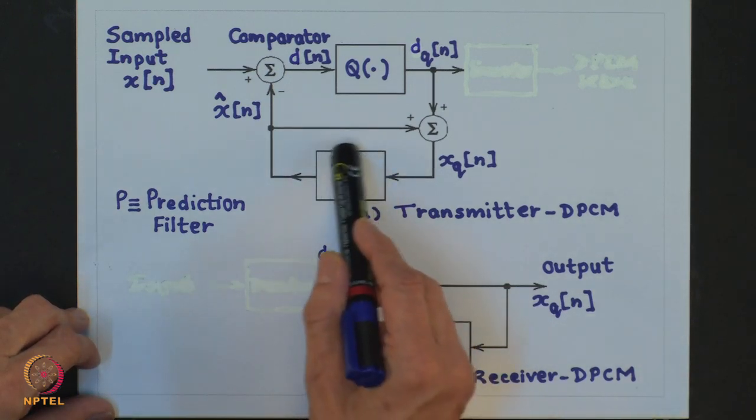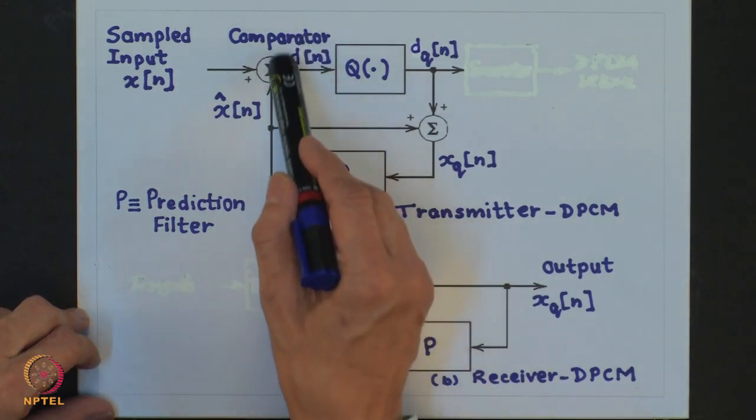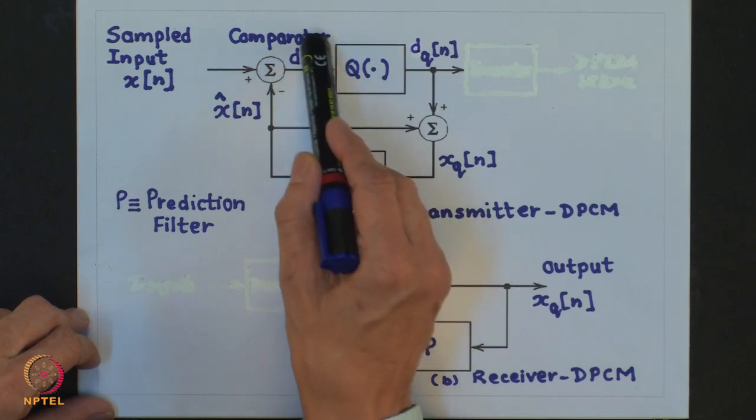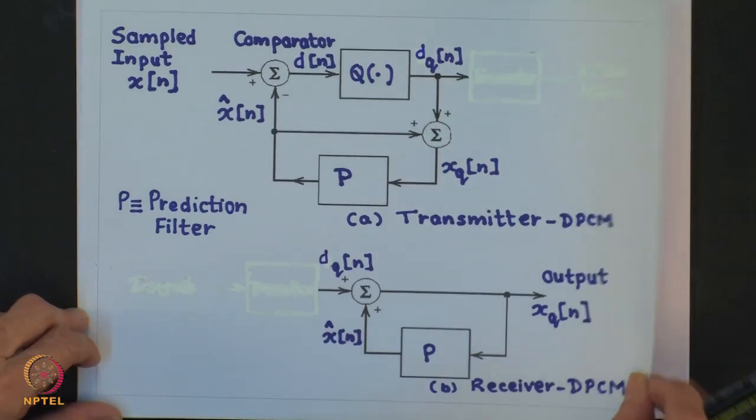What we are interested in is basically to get a good predictor, so that the variance of this difference sequence can be substantially reduced.